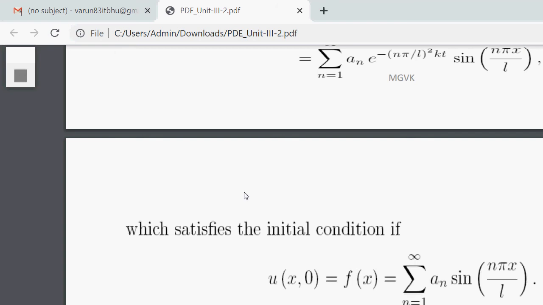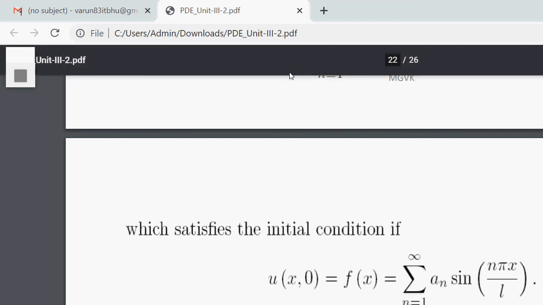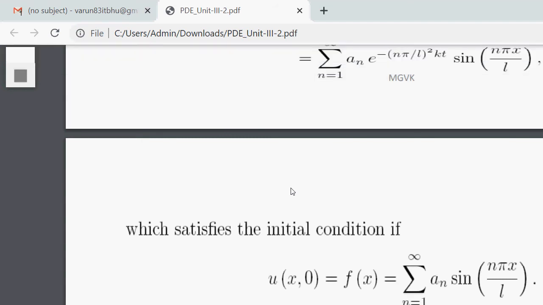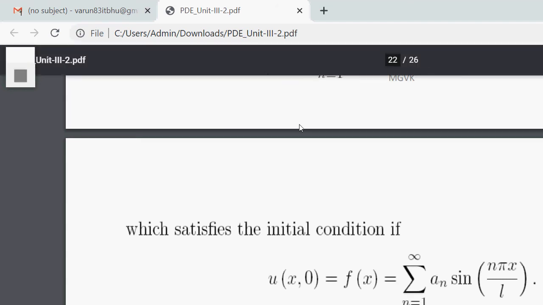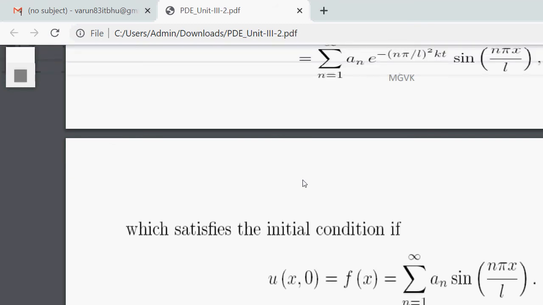u(x,0) is f(x). So if we substitute t = 0, then e to the power minus (n pi by l) squared kt, in the place of t if we put 0, then this becomes 1.